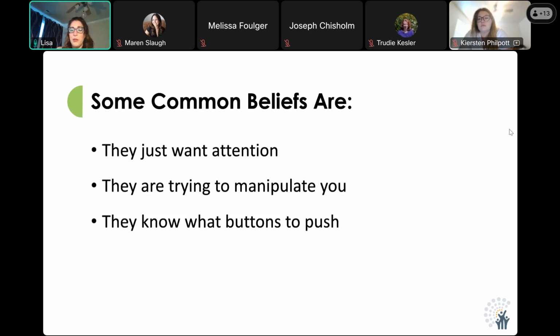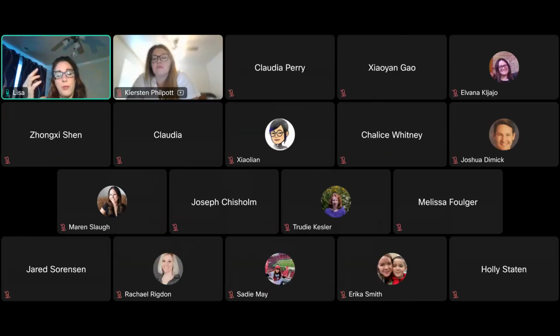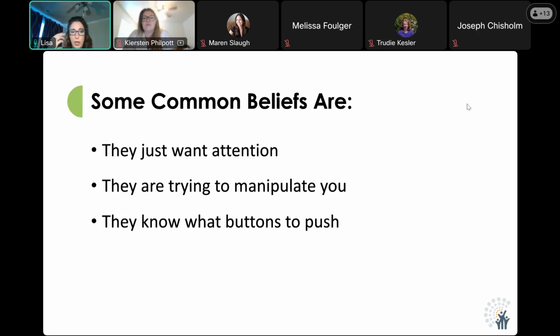And yes, absolutely, they struggle with emotional regulation because their brain is not all the way developed. Their prefrontal cortex is what helps them process information, understand consequences, and with decision making and problem solving. It is not developed all the way yet, which means they're going to struggle. They're not going to have all the skills and abilities to manage all of these things.